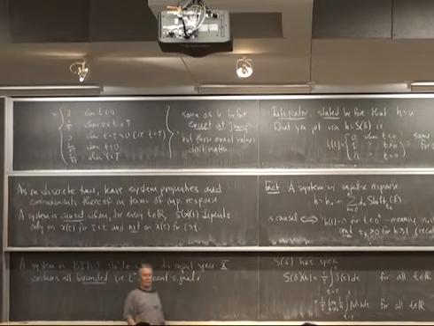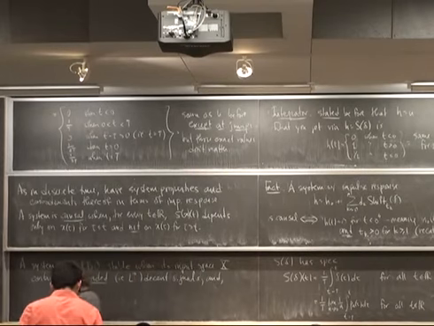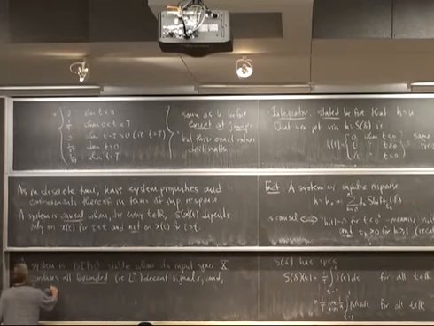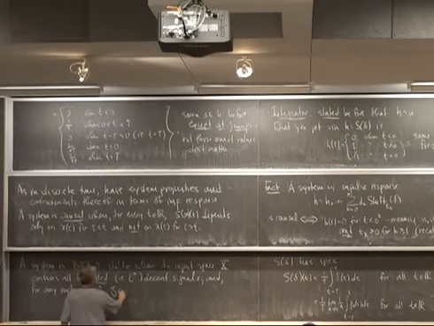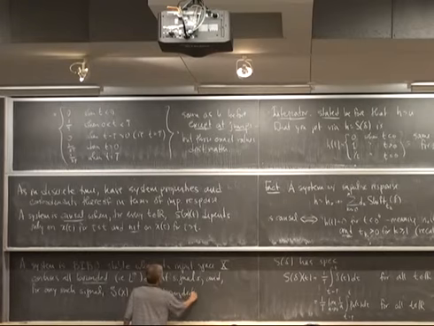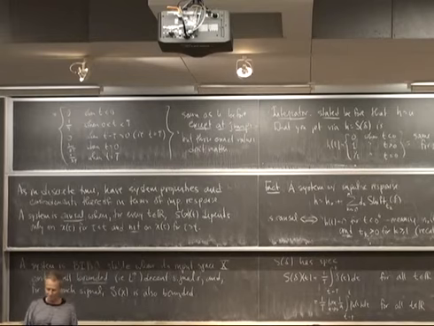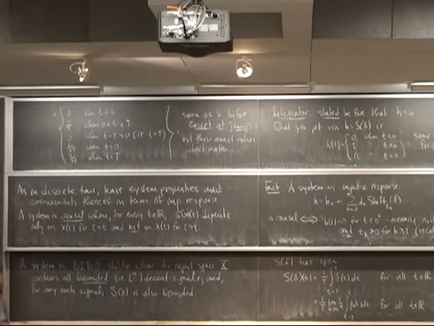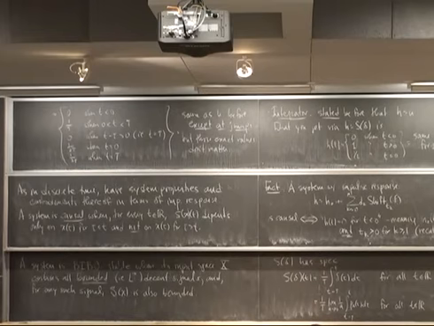So not only are the bounded signals in there, but if you use one such signal as an input to the system, for any such signal, the output, S of x, is also a bounded signal. Okay, so essentially the same definition as in discrete time, except for the continuous-time part. Okay?